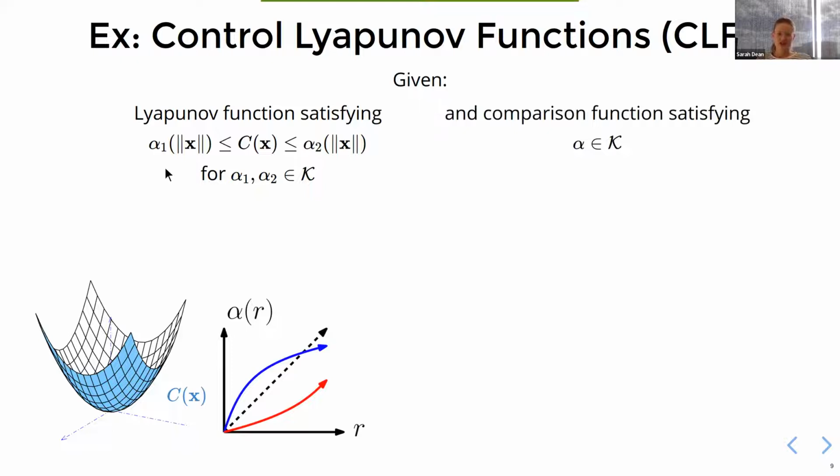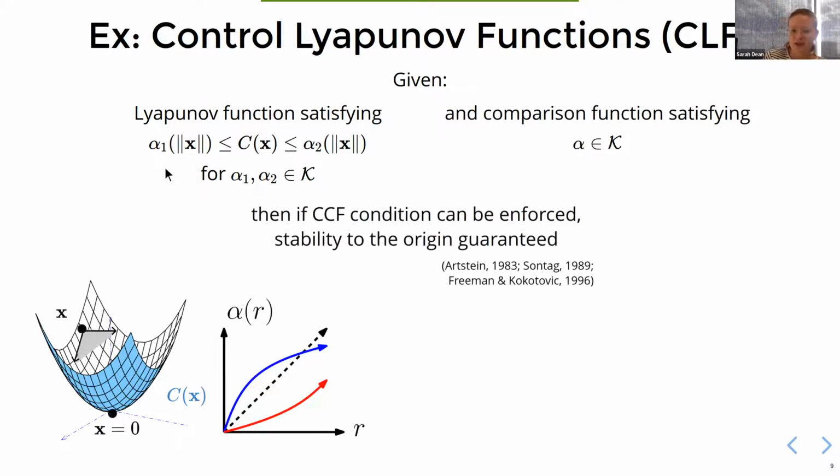And the comparison function should essentially be increasing. And when the Lyapunov function and the comparison function fit into those classes, then our control certificate condition means that the origin is stable. So our system is stable to the origin.